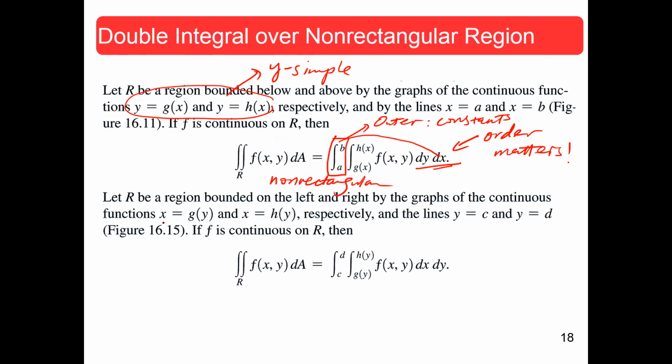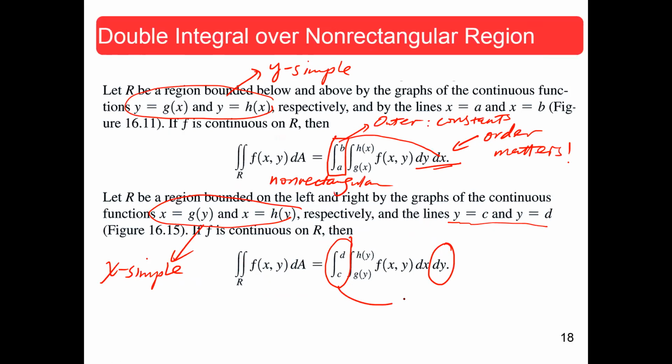Okay. Similarly, if region R is a region bounded on the left and the right by the graphs of continuous functions x equals g of y and x equals h of y, then this is going to be an x simple region, respectively, and the lines y equals c and y equals d. If function f is continuous on R, then the double integral of f of x, y dA over R, this time y is bounded by two constants, so we should have the constants in the outer layer.